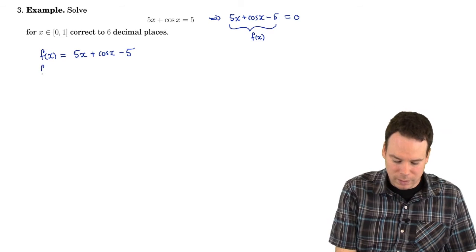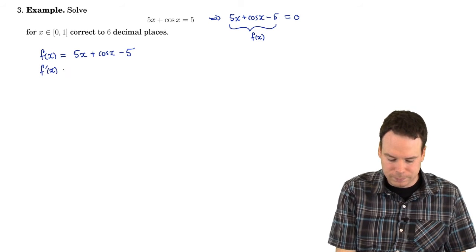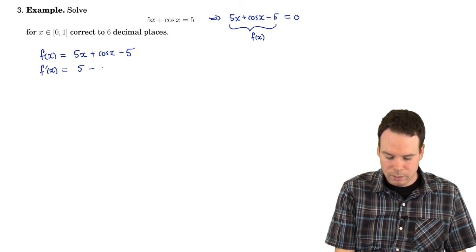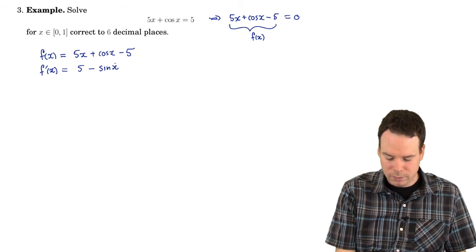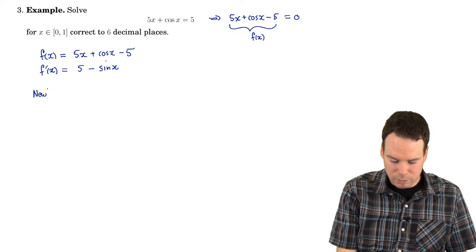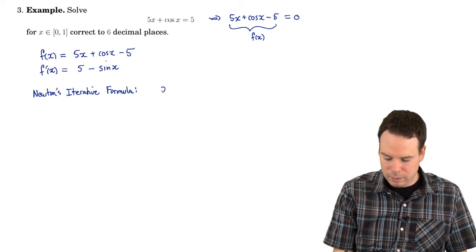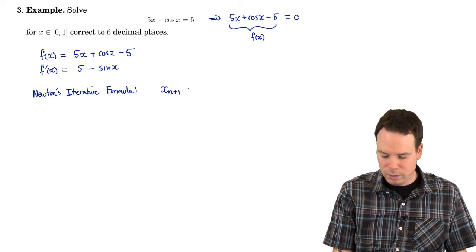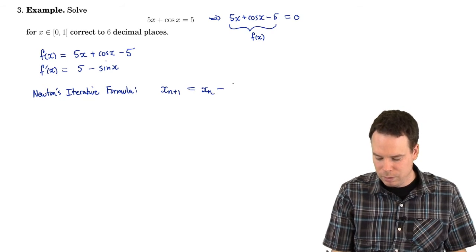So Newton's method says you're going to need to use the derivative. So that's 5 minus sine of x. And we're going to have to work out what the Newton iterative formula is. That is, the next approximation is obtained from the previous one by taking the previous one minus the function value over the derivative of the previous one.